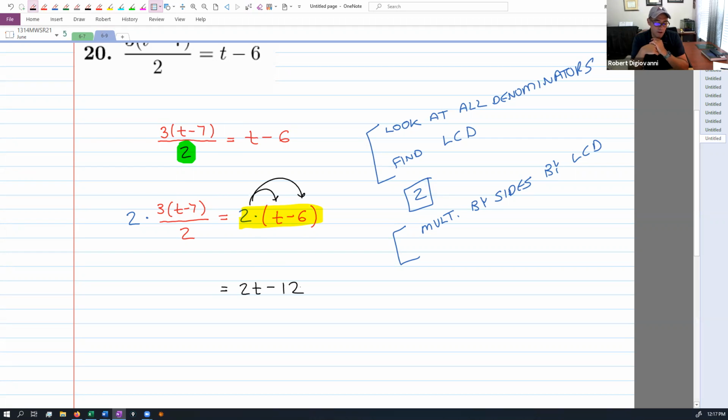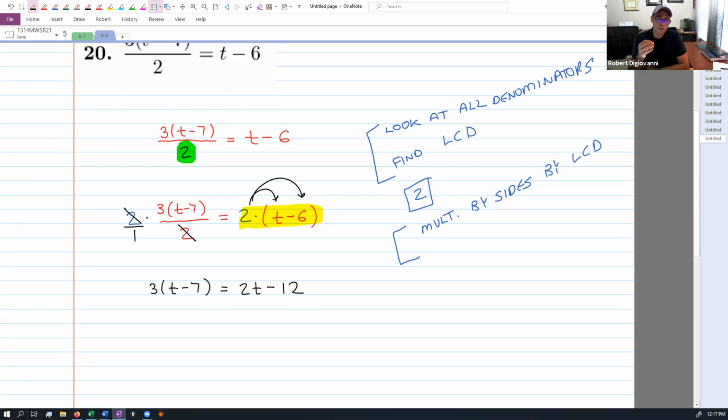Now Diane, on the left-hand side, this is the one that trips people up. I want you to focus your attention on the idea that multiplying by 2 is the same as multiplying by 2 over 1. And Diane, what can I do with the 2's? They cancel out, so you just have the top part left. That's right, they cancel. And then you're left with 3 and then t minus 7.